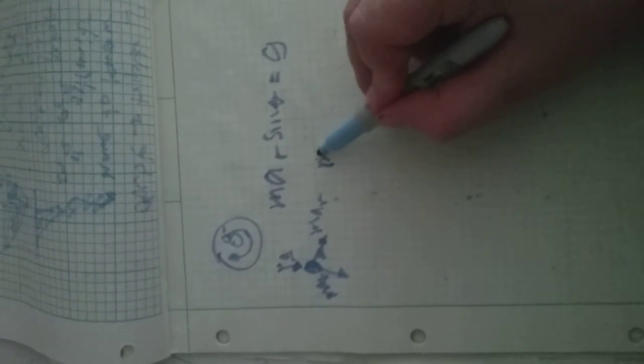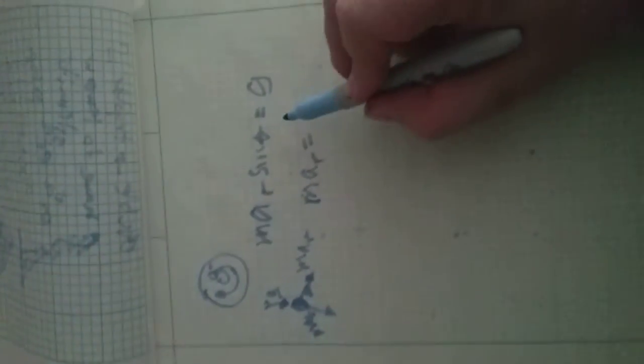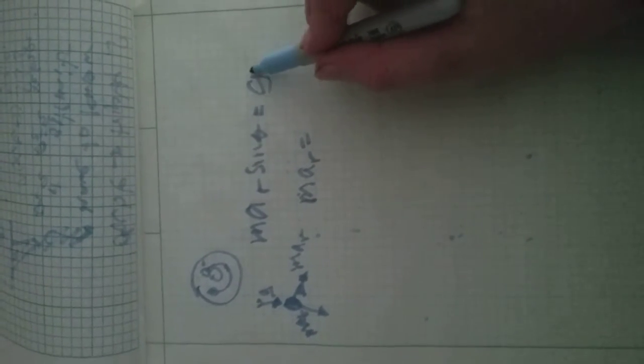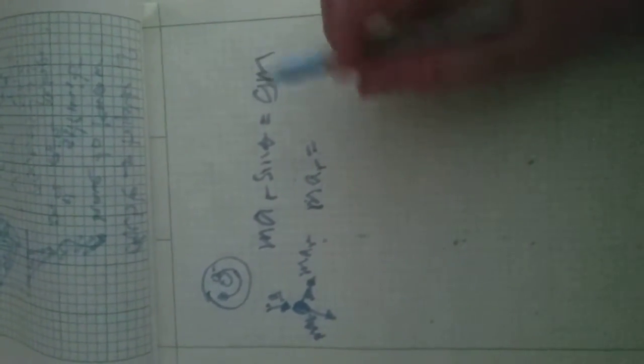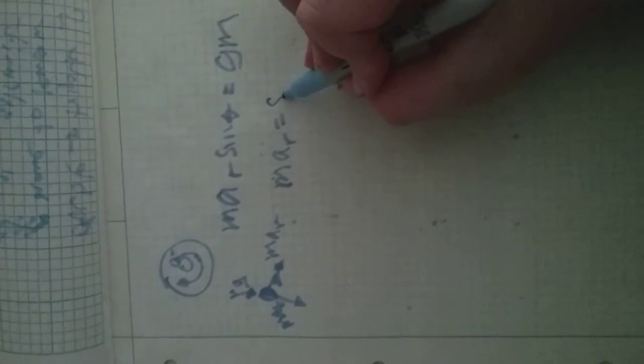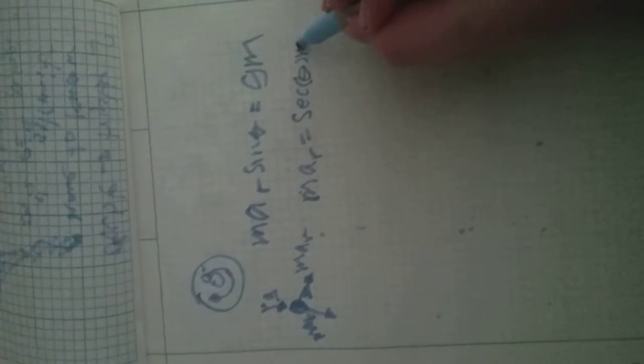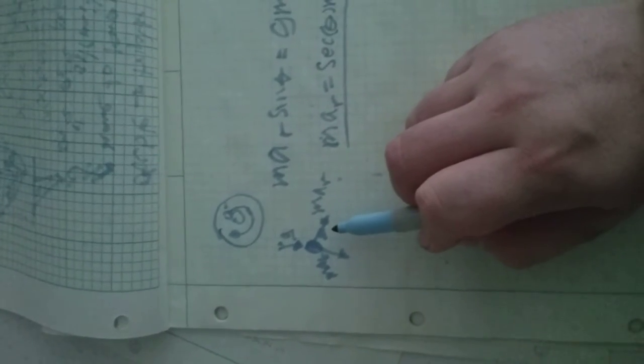So the component of radial acceleration caused by gravity is the secant of theta times mg. So here we have the component of radial acceleration that's caused by gravity.